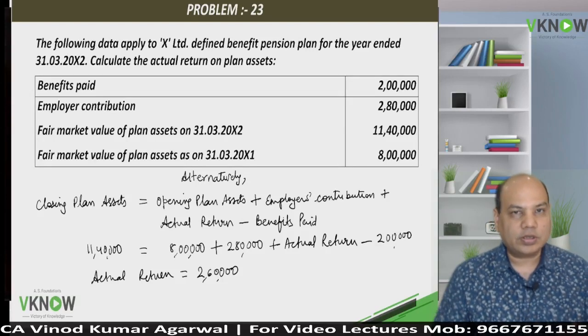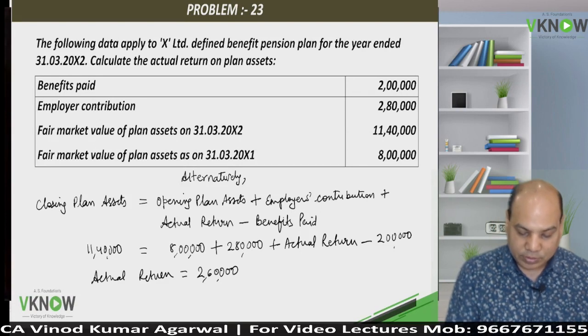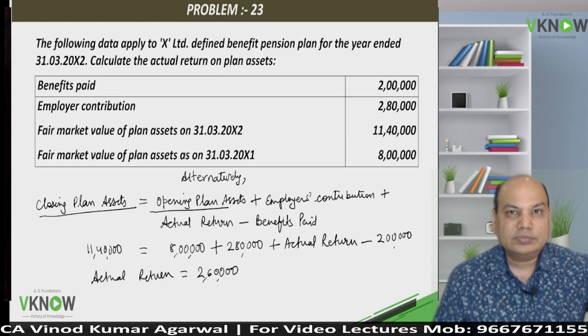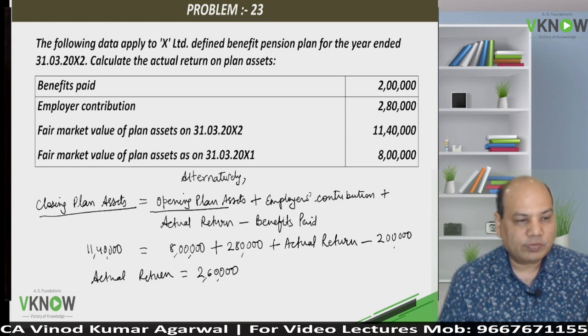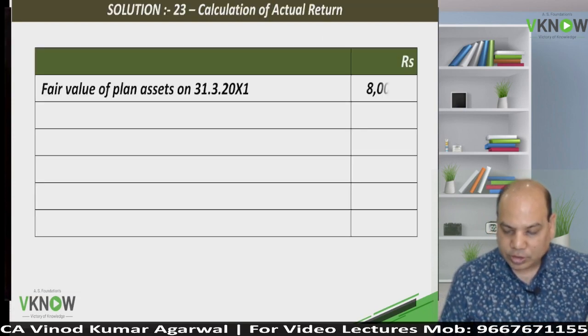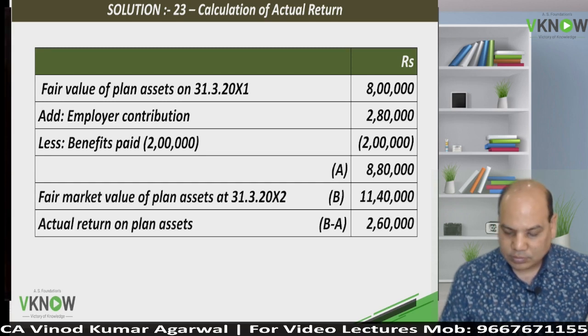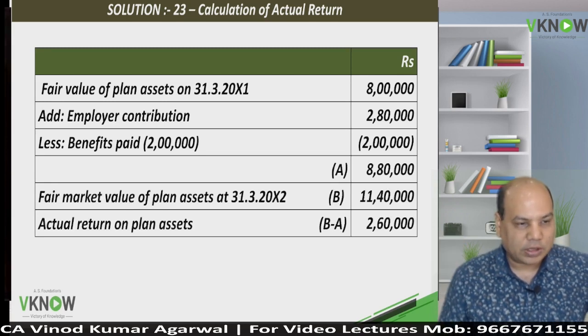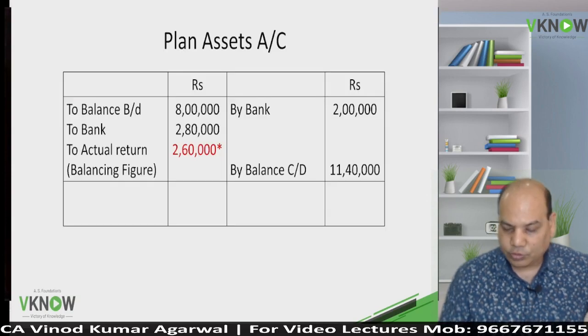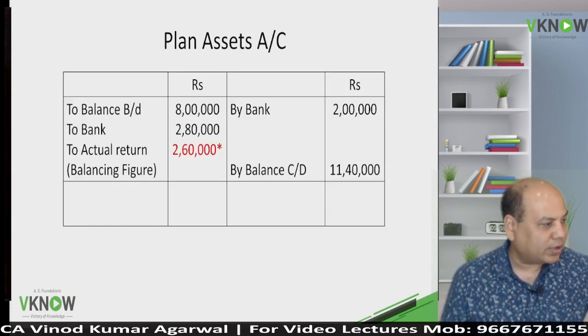So this is how the relationship is there between opening and closing plan asset. I hope you have noted down both the answers. In your book also the answer is printed, which is similar thing. They have just presented in a vertical format, and if you want to prepare later you can prepare like this.